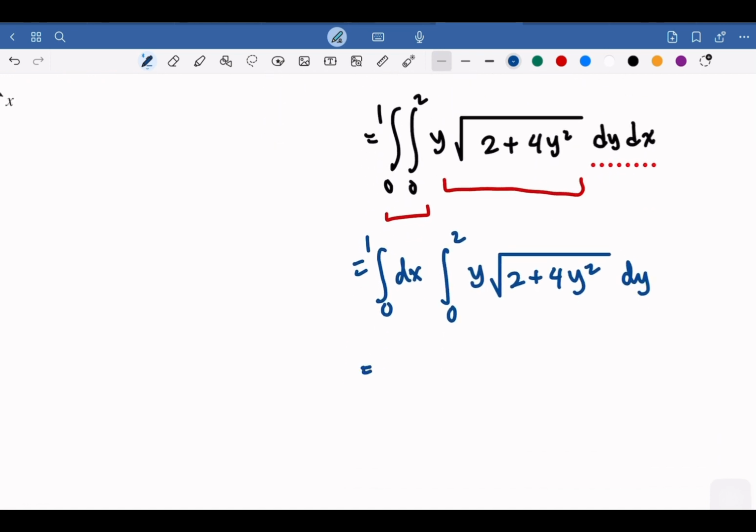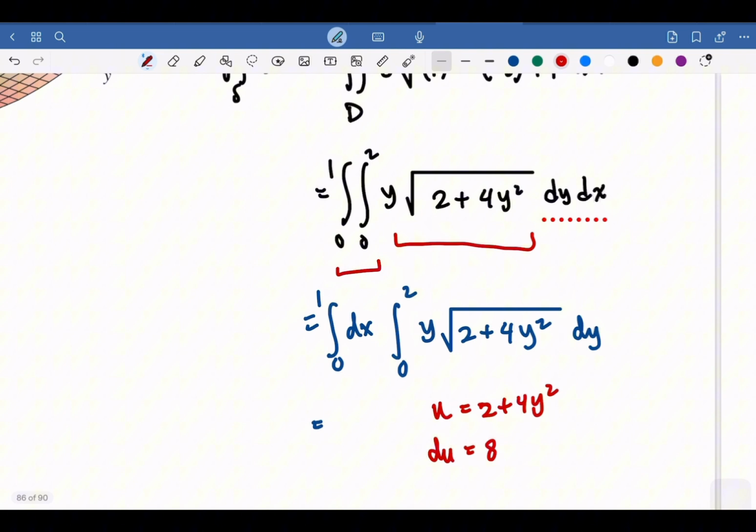So this will be just 1, right? So we can just focus here, where we can let 2 plus 4y squared be u. Or perhaps we can directly input.